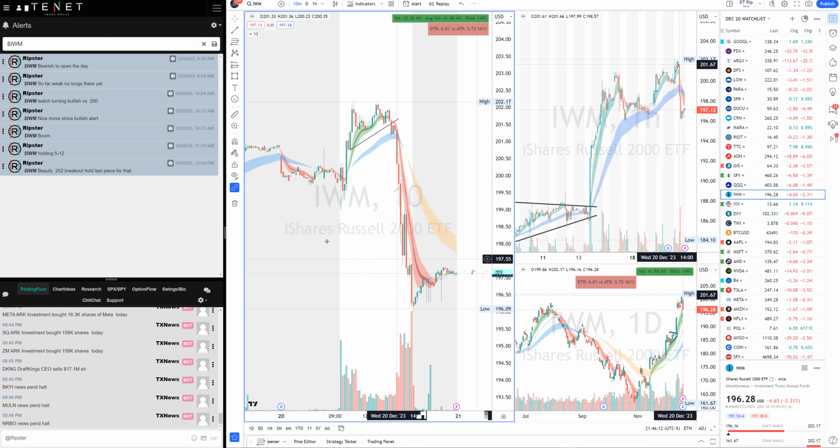Tomorrow we watch. So anyways, before this crash, we were long. Once this turned bullish, IWM right here, we were not long at the open. We were long right here. You can see we turned bullish, my alert or idea was at 10 a.m. that we're turning bullish, and since turning bullish from 200 it went up 2 points.